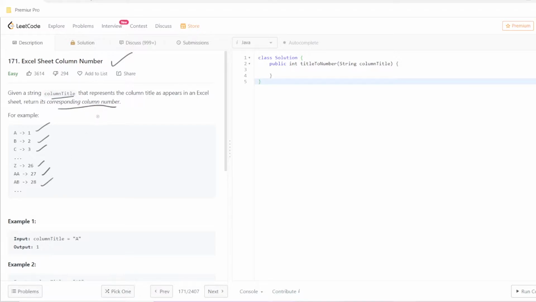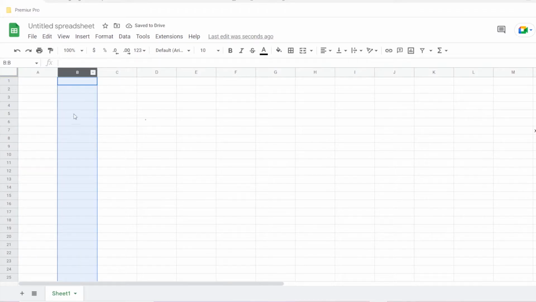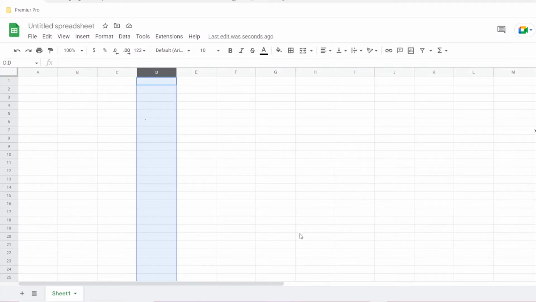So let's see a sample Excel sheet here. A column is nothing but column number one, B is column number two, C is column number three, D is column number four.